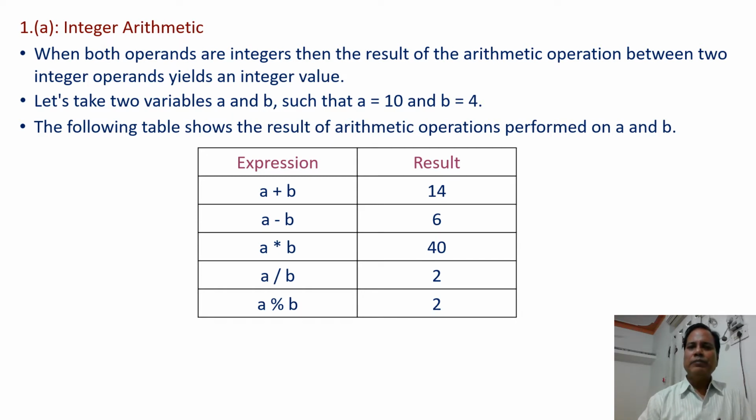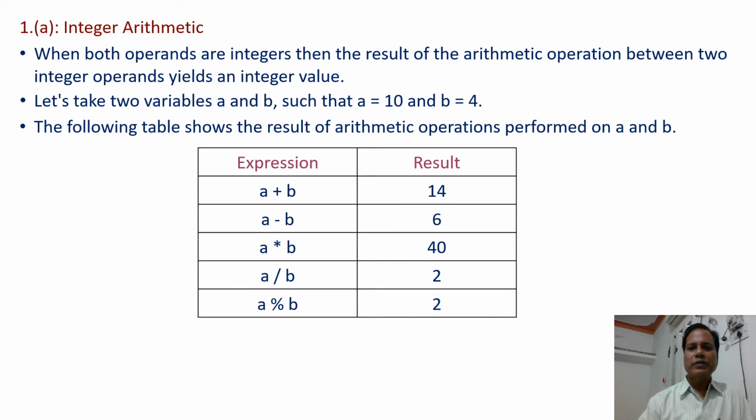On the left side column, the expression is given and the result is given on the right side column. A plus b, that is, a equal to 10, b equal to 4, so a plus b yields 14. A minus b, that is when b is subtracted from a, it yields 6.